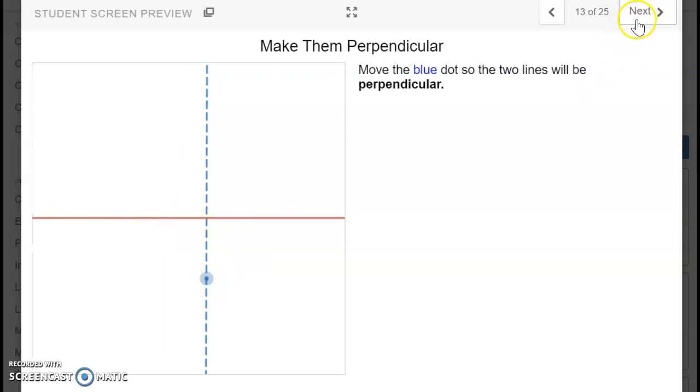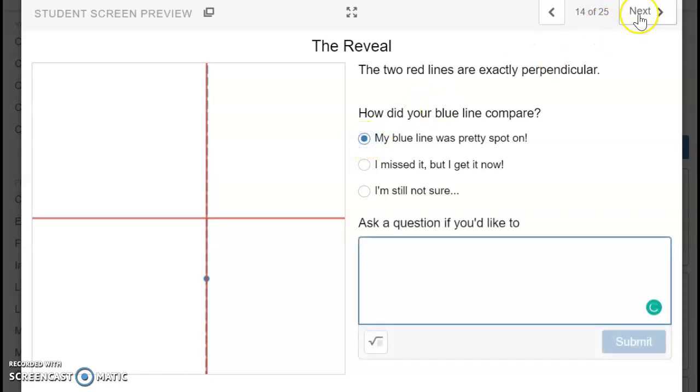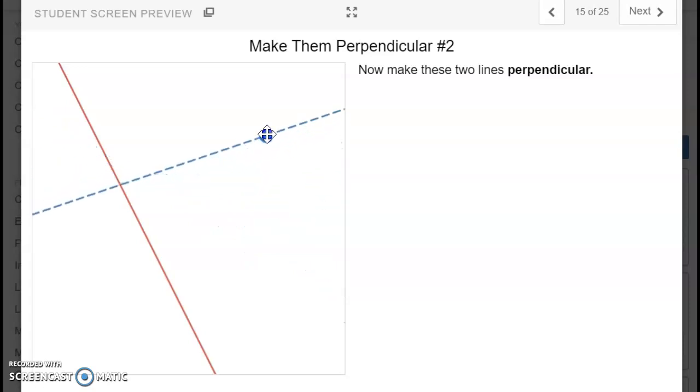Okay, and then I go on to the next card, and it tells me they've drawn the perpendicular line, and I was right on. My blue line was perfectly spot on. Yay. Now make these two lines perpendicular. The red line is a little bit tilted, so can you still make 90 degrees?